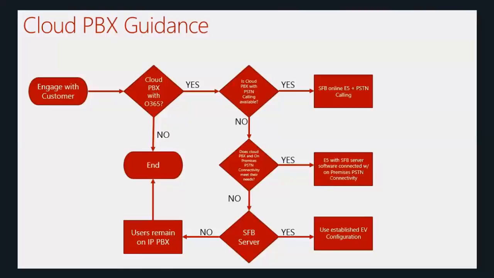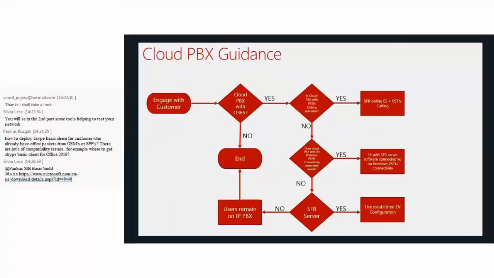Is it Skype for Business Online with the Cloud PBX add-on, or is it, for example, Skype for Business Server integrating with an already existing PBX infrastructure? So basically, this slide should help you decide, in different customer scenarios, when to offer one type of service and when to offer another.